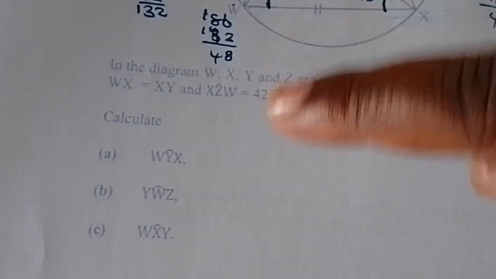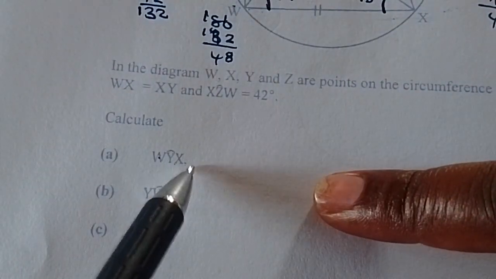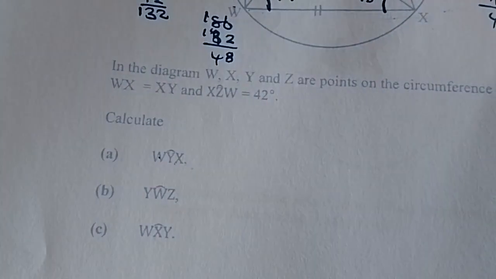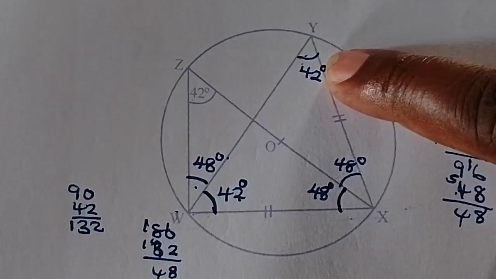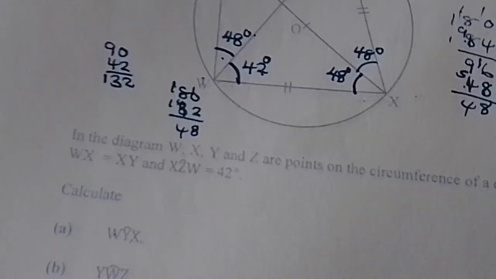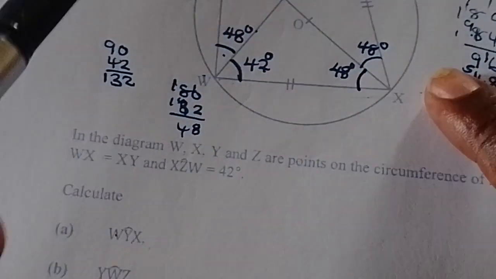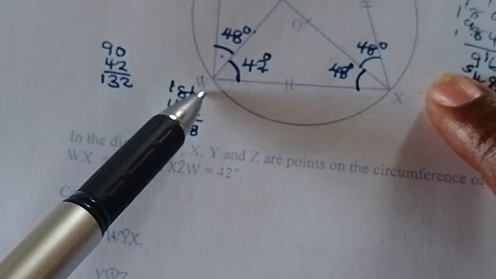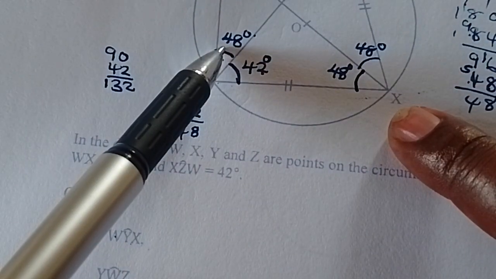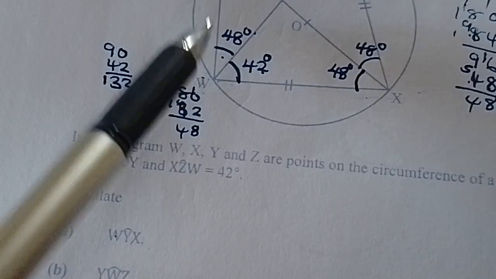So calculate WYX. WYX is 42 degrees there. That's our 42 degrees. Then YWZ. YWZ is 48.